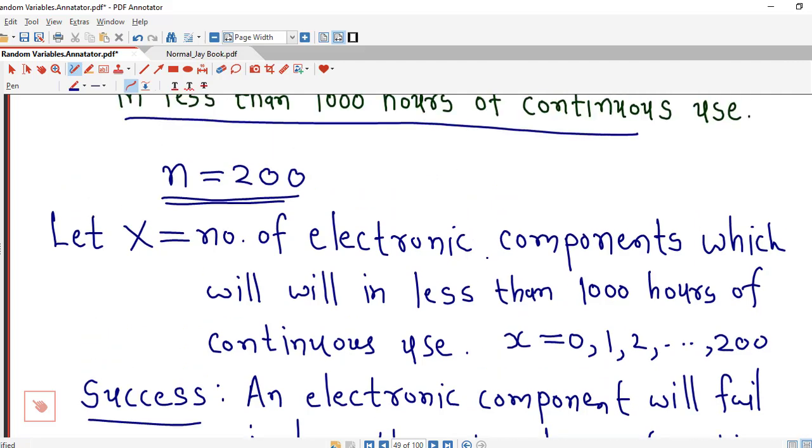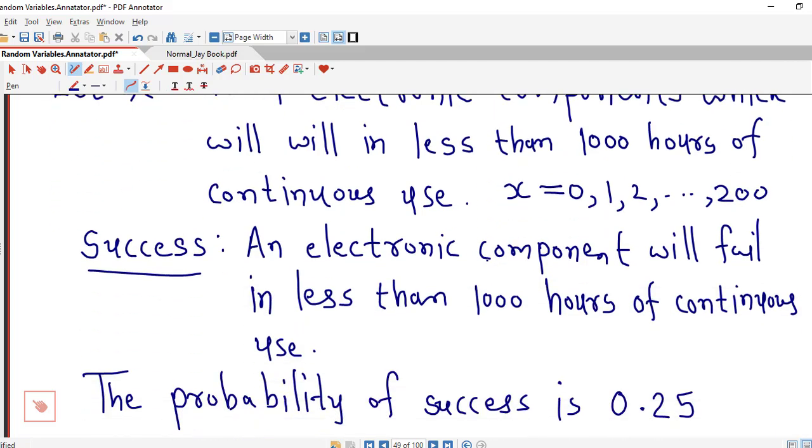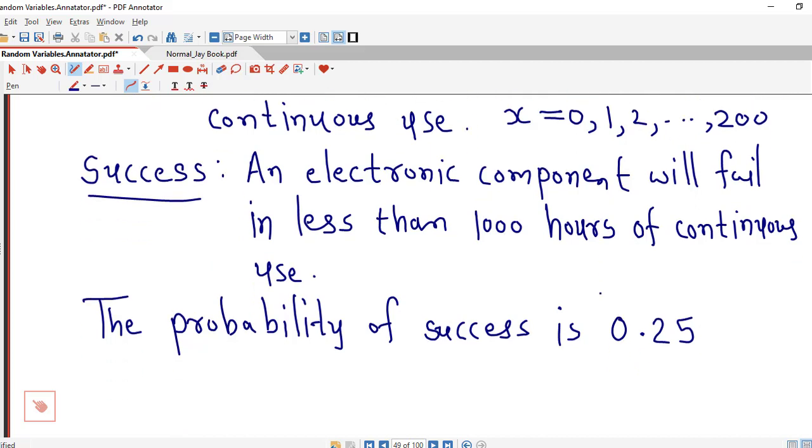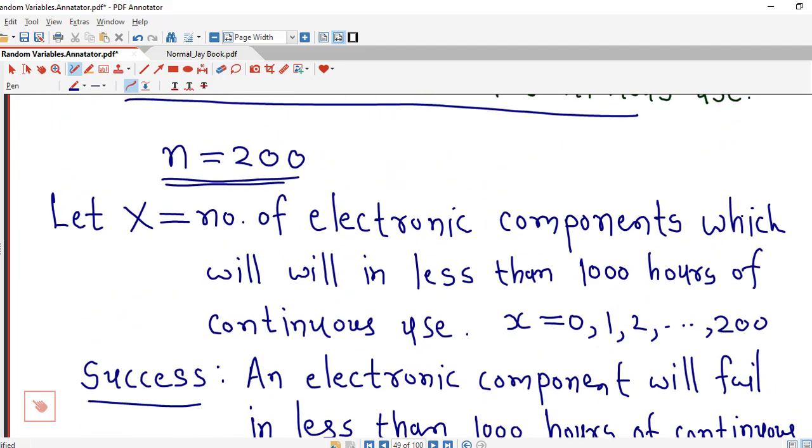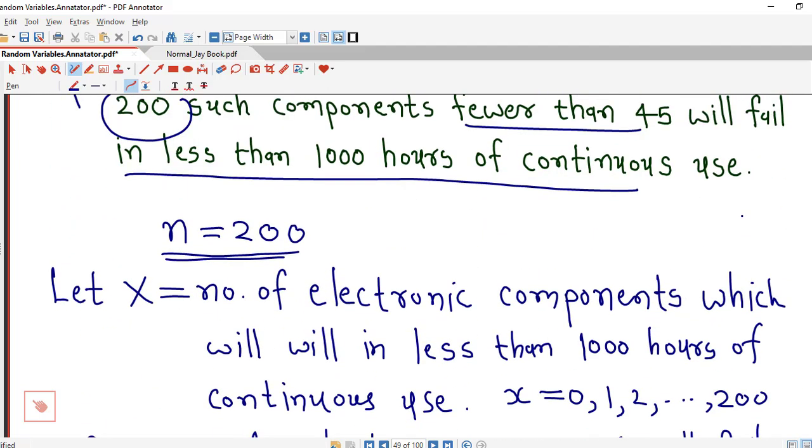For each electronic component there are two possibilities: either it will fail in less than 1000 hours of continuous use, or it will not. The probability of success is 0.25 and it remains constant for each of the 200 components. So we can see this is a problem of binomial probability distribution.